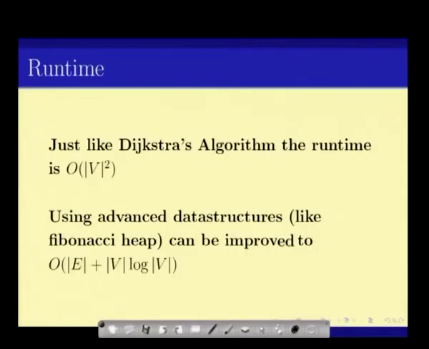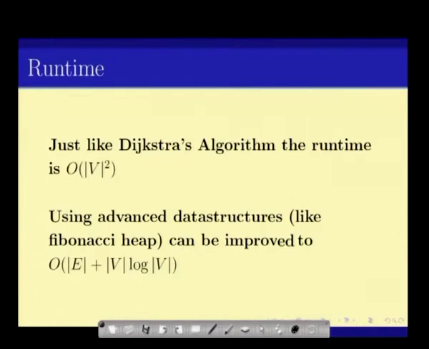How about the runtime of this algorithm? The runtime is exactly the same as Dijkstra's algorithm. Every time we have to pick the minimum of all the edge weights, that will take order v steps, and we run it till we have colored v number of vertices. So, the total runtime of this algorithm will be order v square.